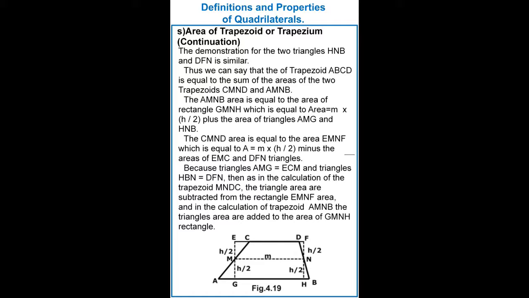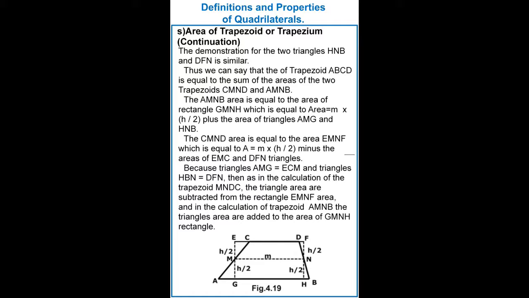The area of the quadrilateral AMNB is equal to the area of the rectangle GMNH, which is equal to M multiplied by H divided by 2, with the addition of the areas of the triangles AMG and HNB.